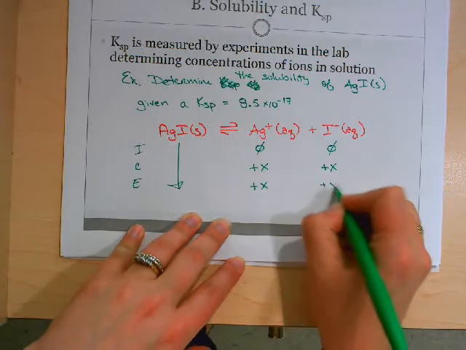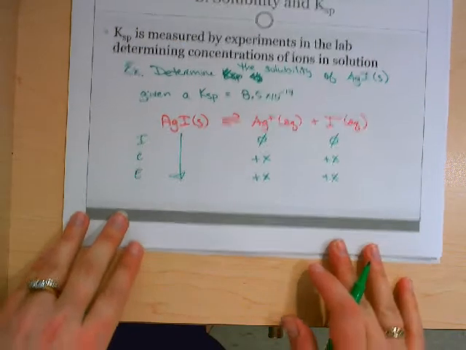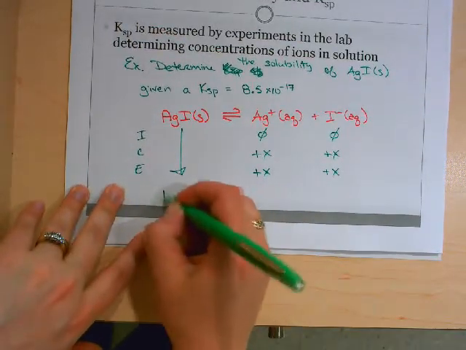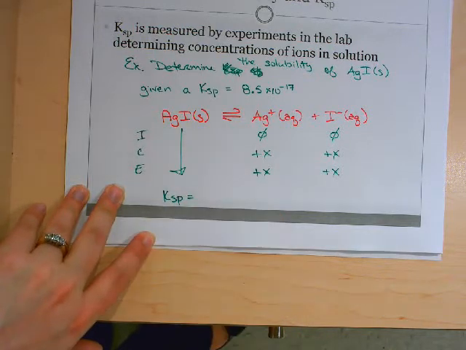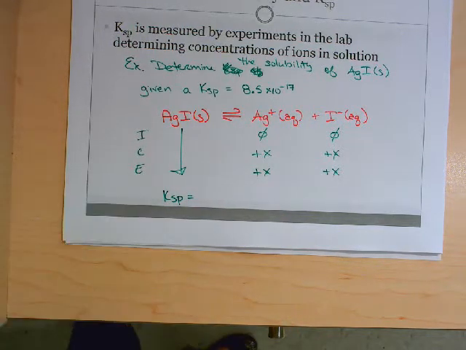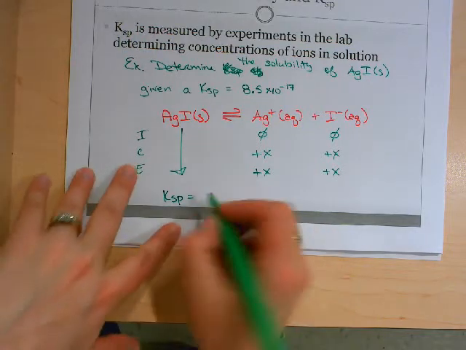So at equilibrium, looks like that. So if my KSP is now equal to what times what? X squared, right?